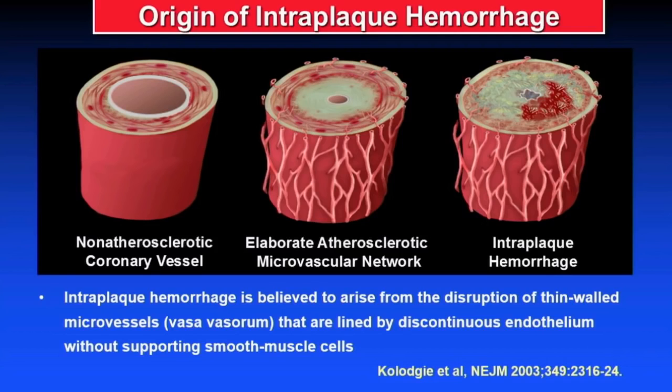And as a result, it's unstable and can break and rupture. And this is exactly what causes intraplaque hemorrhage. The vasa vasorum extend into the intimal surface with the continuation of the milieu of these environmental factors, the continuation of these abnormal flow patterns, and without the smooth muscle wall, the vessels break and you get intraplaque hemorrhage.